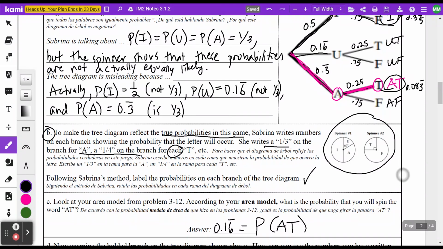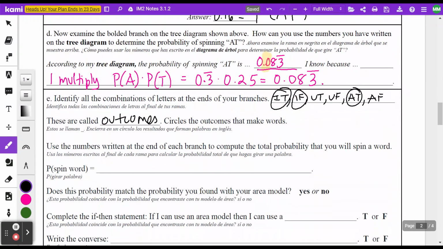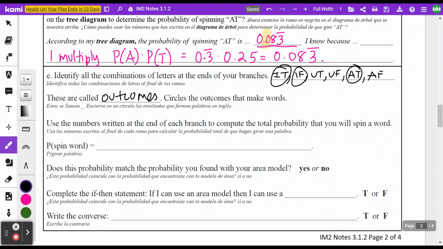Okay, so we're going to take these three probabilities, and that's the probability that we spin a word. That's the probability of IT or IF or AT, and that's going to be the probability of one of those things happening, and we're going to add those together.